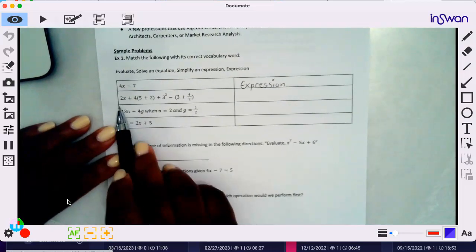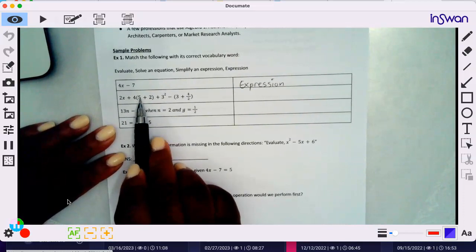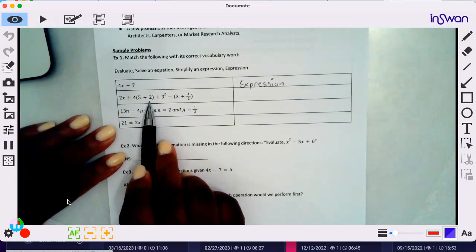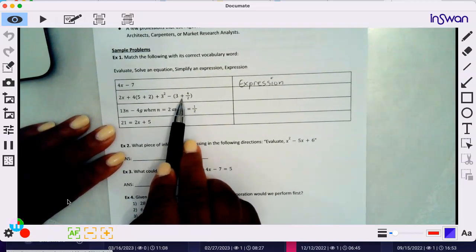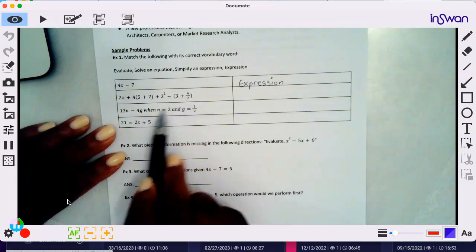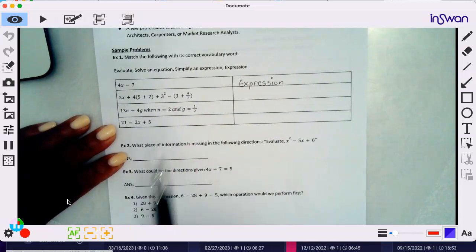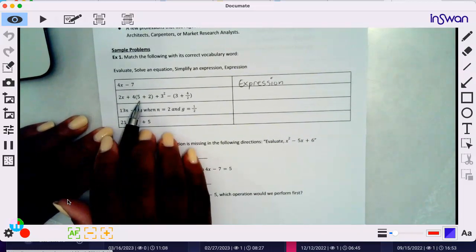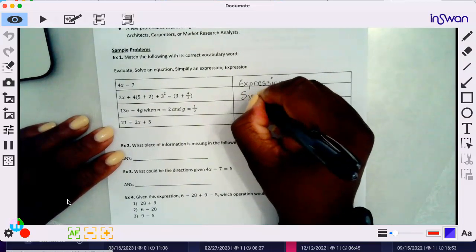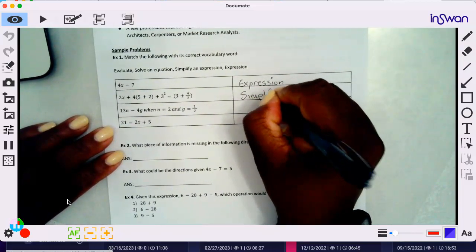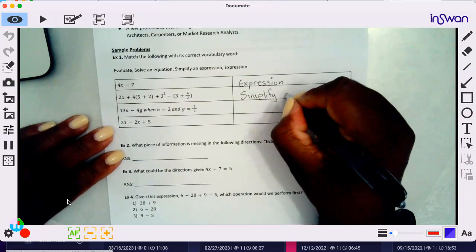Okay, you have 2x plus 4, parentheses 5 plus 2, close parentheses, plus 3 squared, minus parentheses 3 plus 4 divided by 2 parentheses. Looking at that, it's a lot going on. So we want to make this less complicated. So in order to do that, we need to simplify. We're going to simplify an expression.